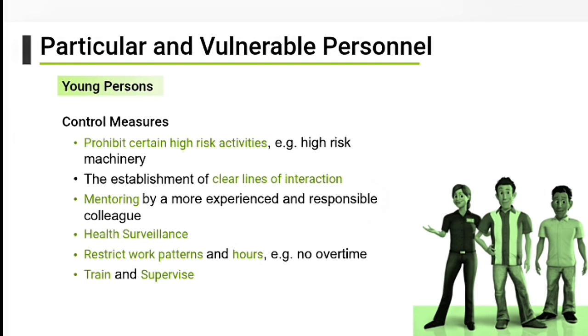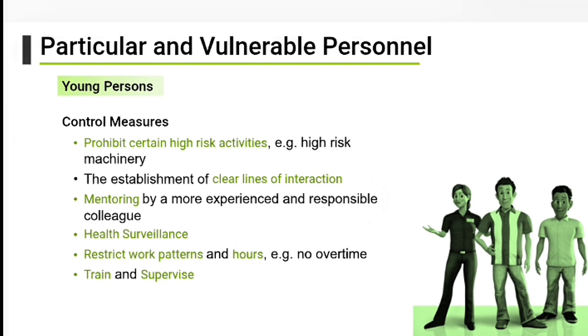This reduces the likelihood of accidents and injuries. Establishing clear lines of interaction. Clearly define the lines of interaction and communication between young workers, their supervisors, and their colleagues. This ensures that young workers can seek assistance or report concerns without hesitation.